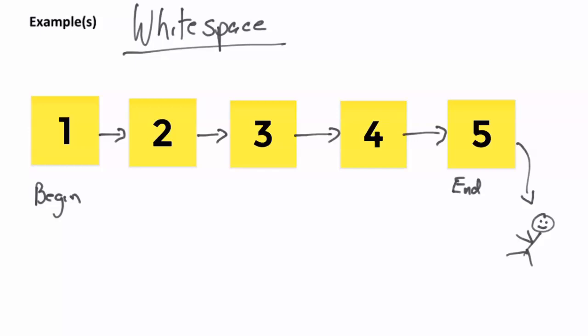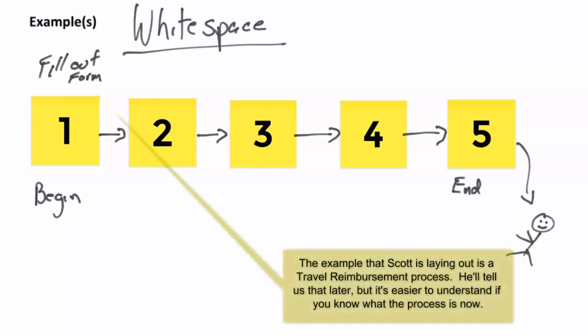For example, the first step could be a filling out of the form. The next step could be a review of the form for accuracy. The third step could be a data entry step, or a step in which the form in one system is automatically uploaded to a larger organizational database. The fourth step could be, from that data entry in the system, the organization withdraws funds from a bank account to pay the employee.